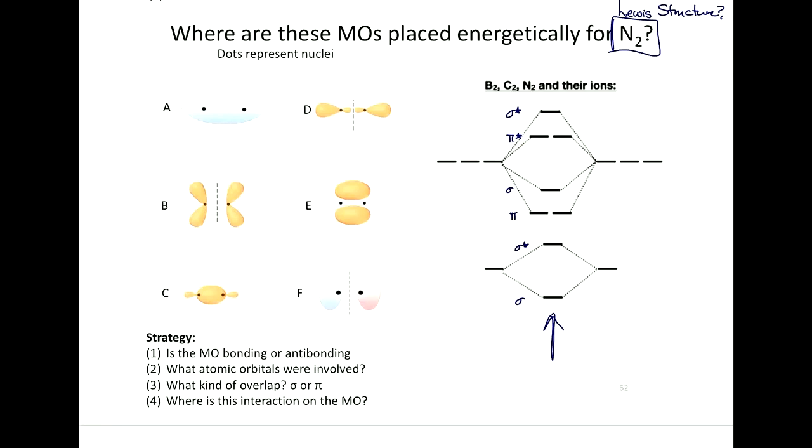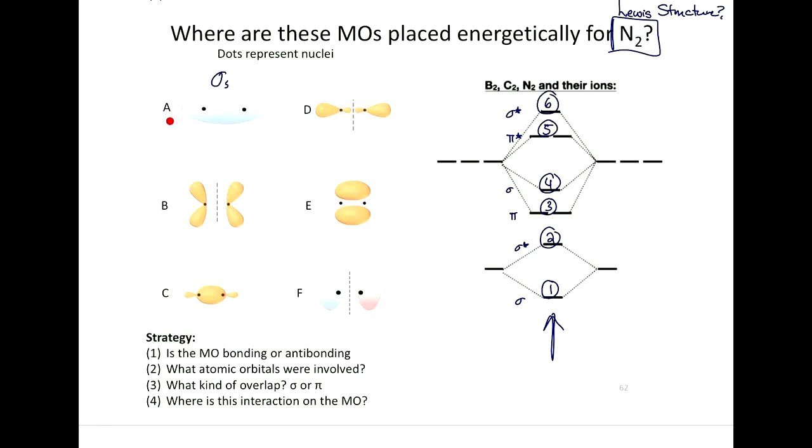All right? So we need to ask ourselves all the same questions. A is what kind of orbital? We said that it was sigma. It was a sigma bonding orbital, but between what type of atomic orbitals? Between s orbitals. So let me number these positions. I'll call it 1, 2, 3, 4, 5, 6.